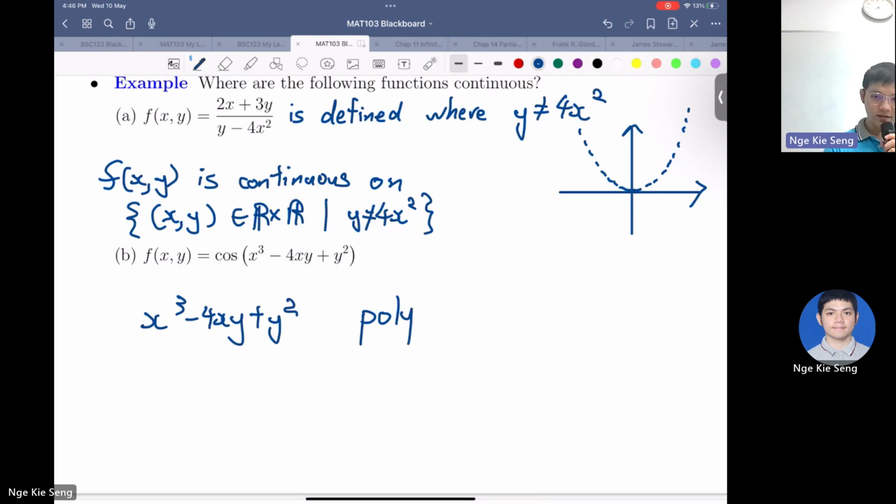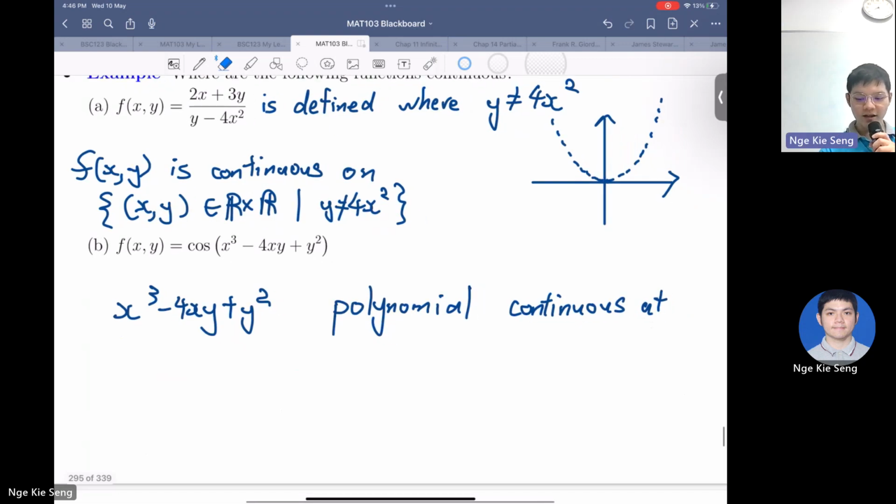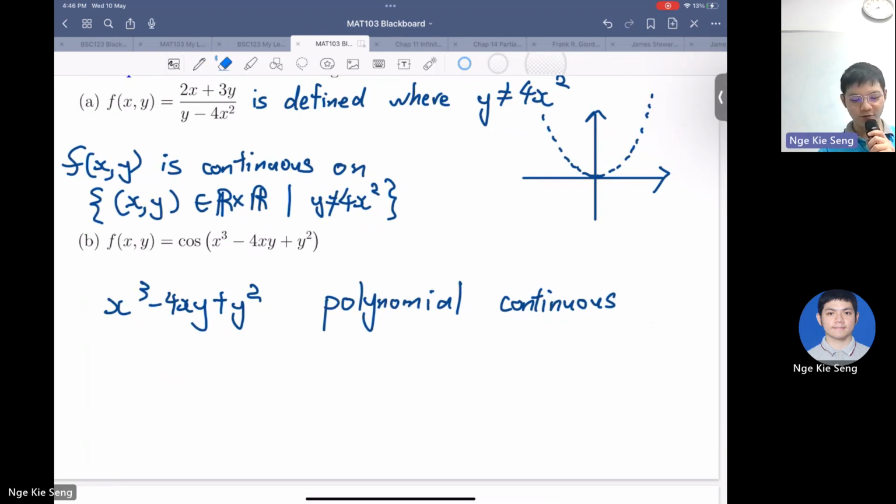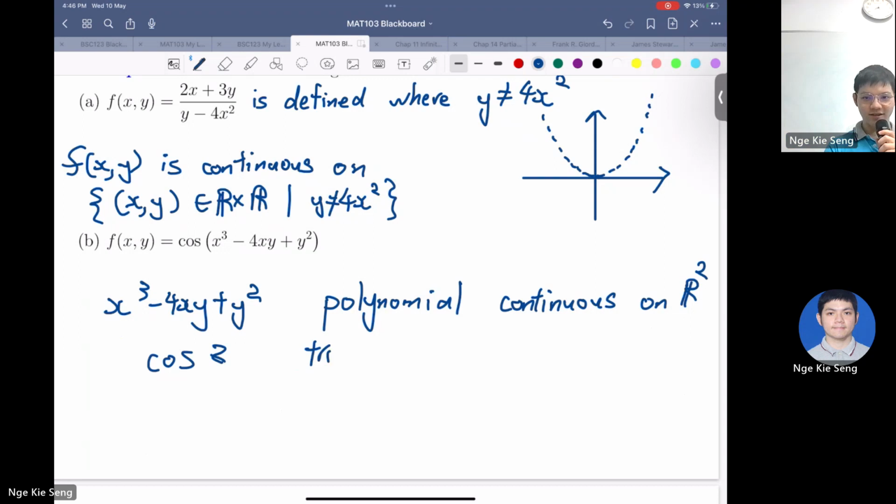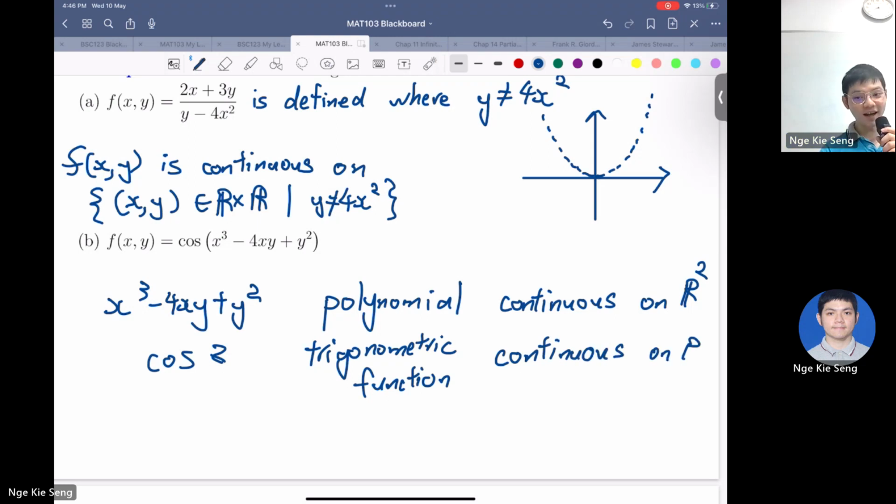So this is continuous because this is a polynomial. Okay, so polynomial is continuous everywhere, right? Actually, if I say polynomial is continuous everywhere, you should challenge this, right? Why is polynomial continuous? I'll let you think about it first.